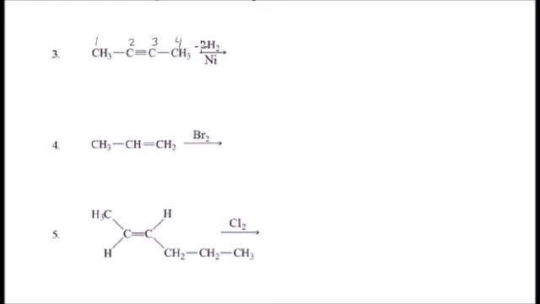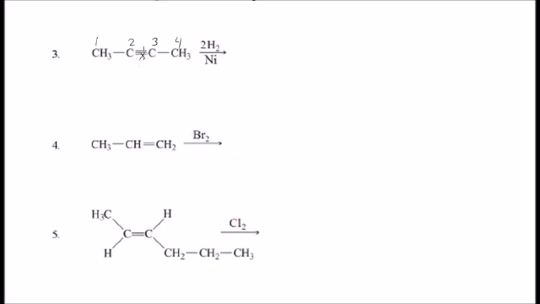Now, just like in the last example, as you could see, we have 2 hydrogen molecules reacting here. We have nickel as a catalyst. And we obviously are going to break both of these pi bonds, the second and the third of the triple bond, in order to add the hydrogens here.